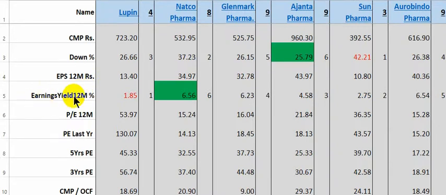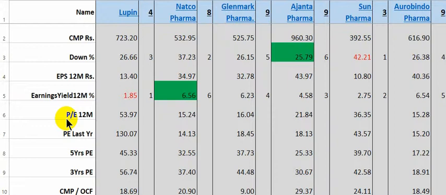As far as the earnings yield is concerned, Lupin earning yield was the least at 1.85%, that is on a price of 723 rupees. It just earned 13 rupees in the recent 12 months, whereas Natco Pharma had the highest earnings yield of 6.56%, that is on a price of 532 rupees. It had earned 34 rupees on its per share basis.